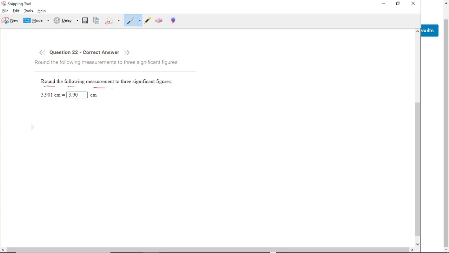Round the following measurement to three significant figures. Okay, 3.901. Here, how many significant figures do we have in this number? We have 4 significant figures. He wants to round this measurement to 3 significant figures. So the 3 is significant, the 9 is significant, and the 0 is significant, because it is between two significant figures.